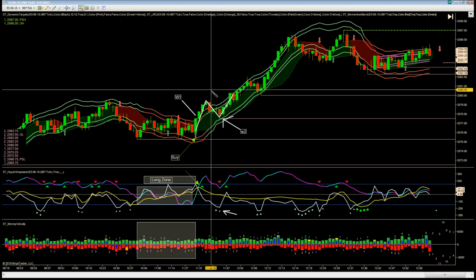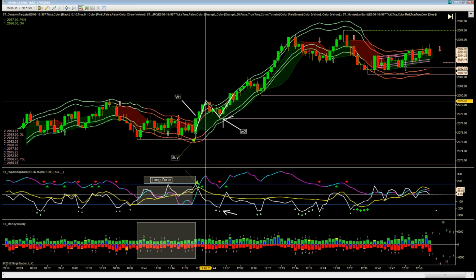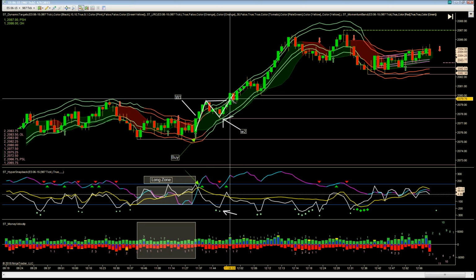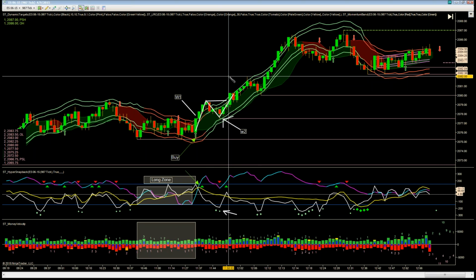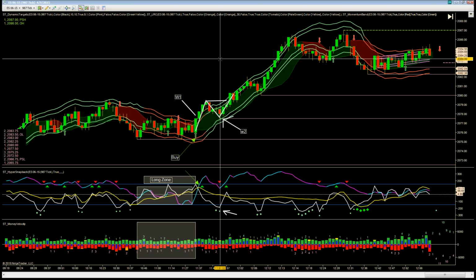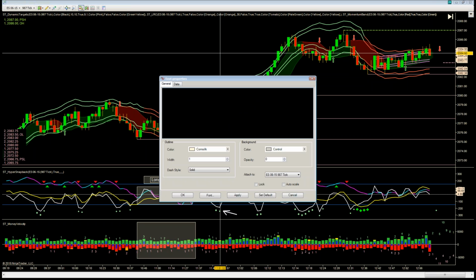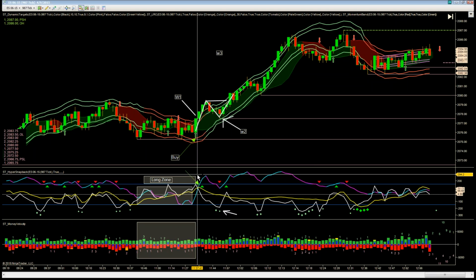So now what we have on price action is we need to break the height of wave 1 in order for this to be a confirmation of wave 3. So we're not rushing into this trade because we want to see if it has momentum to go in the direction that we are looking at, which is a buy signal.